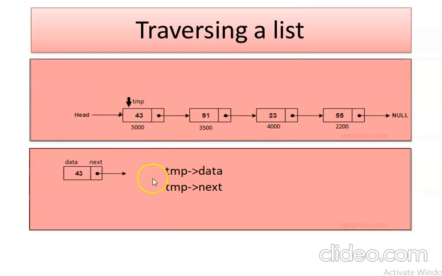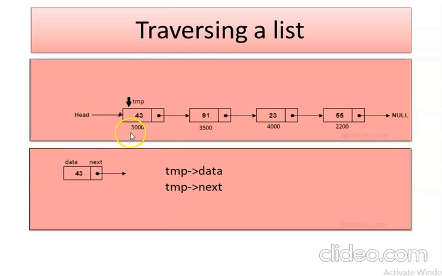So when we need to name this node as TMP, TMP should have this 5000. If TMP gets the value 5000, we can say that the name of this node is TMP. We already know that 5000 is stored in head, so the name of this node is head also, because the address of this node is stored in head. So this can be copied to TMP as TMP equal to head.